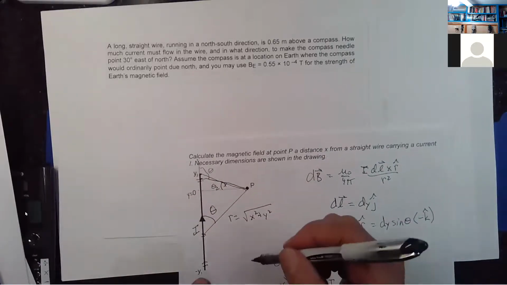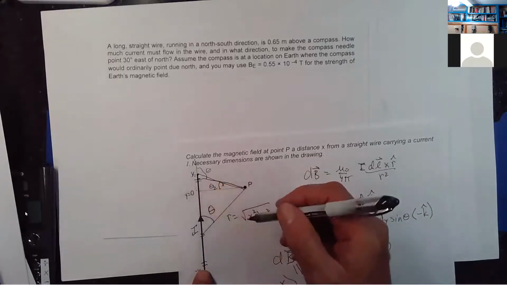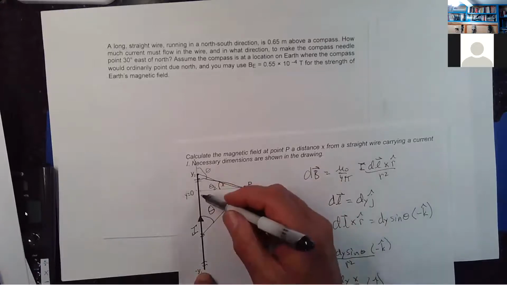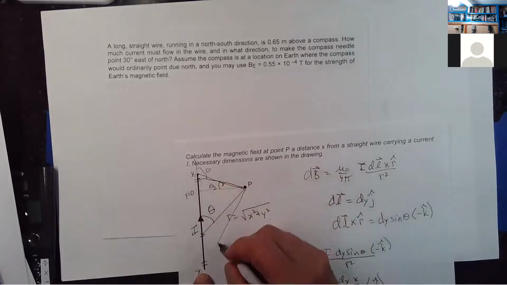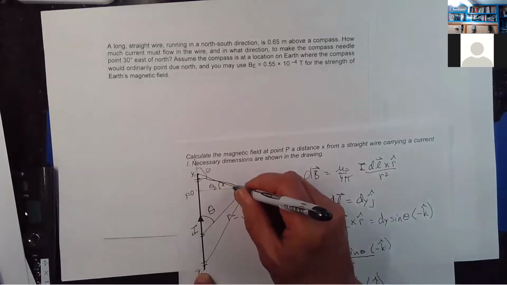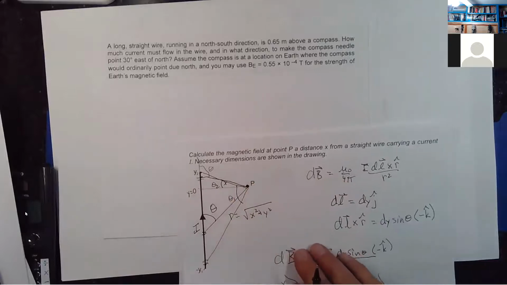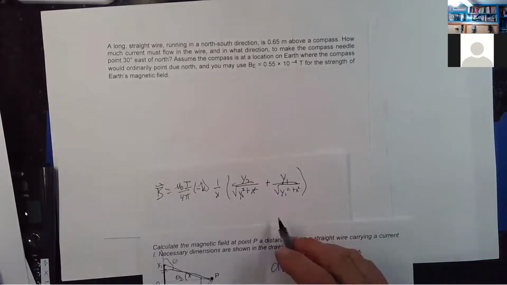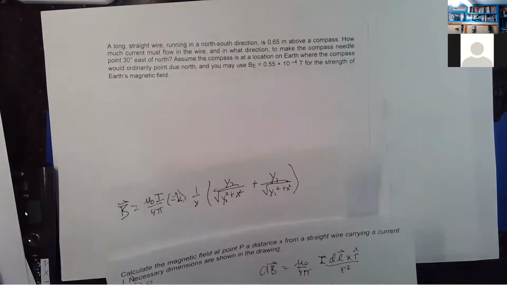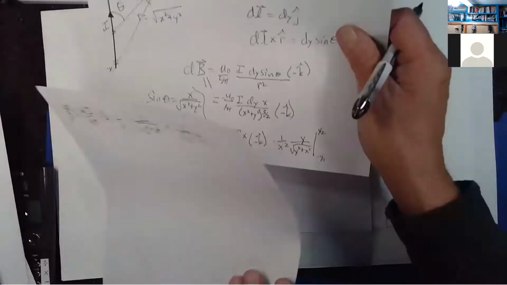The other one is y1 divided by the square root of y1 squared plus x squared. That ends up being the sine of this angle here, all the way from the horizontal down to here, which is theta 1.